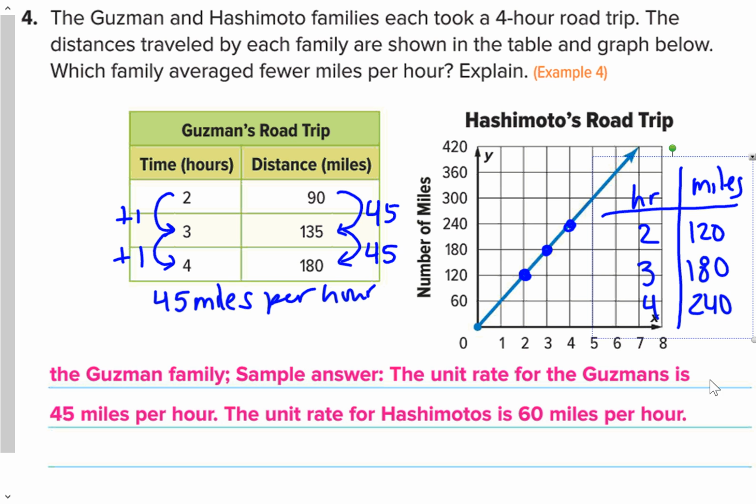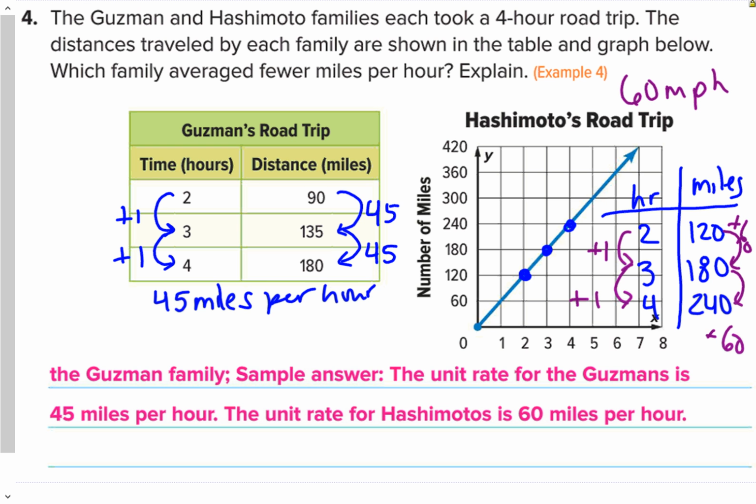So you just want to find out how much they increase. You know that these increase by 1, and these are going to increase by 60. Okay, so this one is 60 miles per hour.